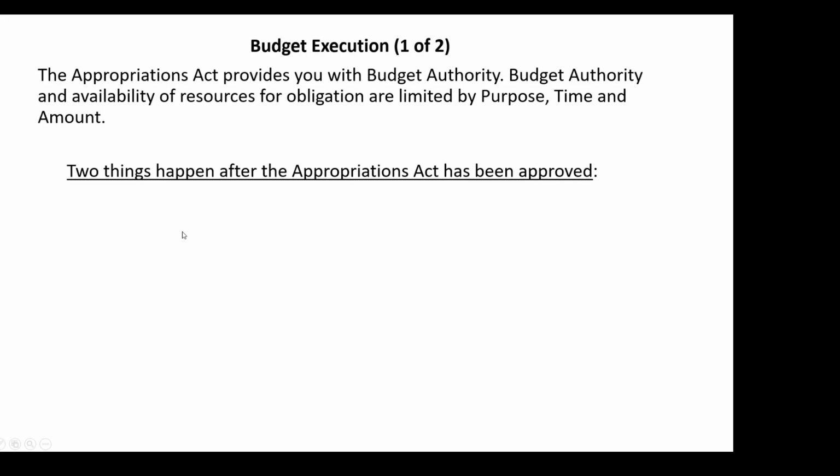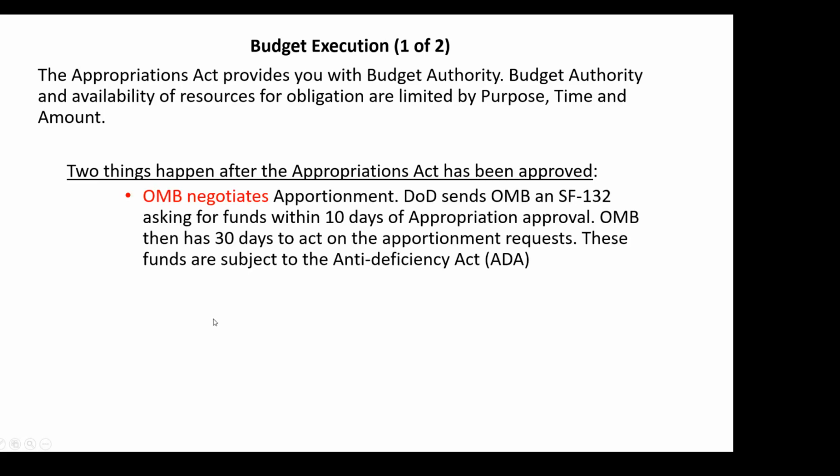So in budget execution, the Appropriation Act begins the budget execution process. That's when you get the budget authority to start spending based on purpose, time, and amount. So once Congress approves the appropriation, two things happen. The first thing, OMB negotiates the apportionment. Anytime you see the word apportionment, you need to link it directly with OMB, because only the Office of Management and Budget conducts the apportionment process.